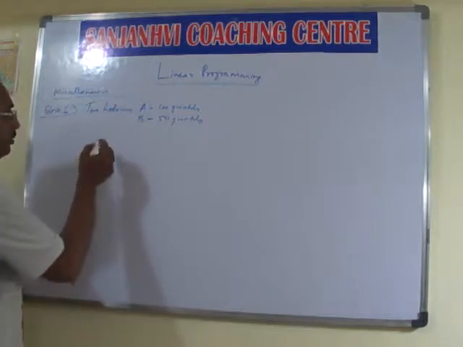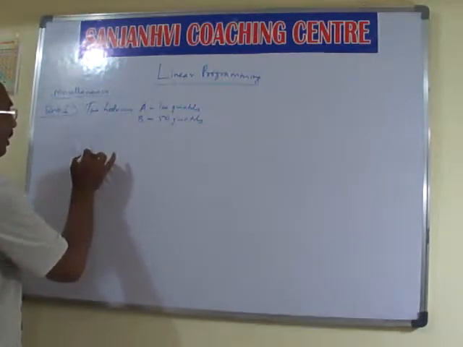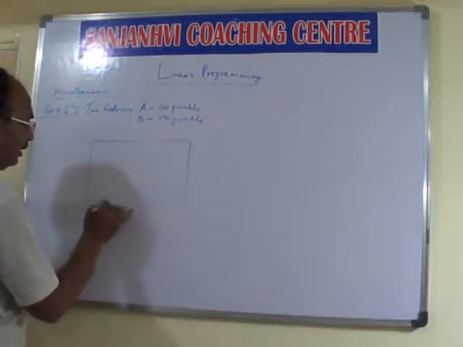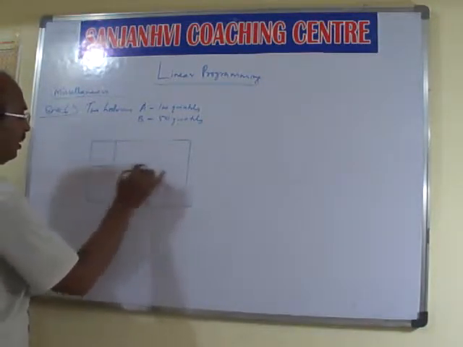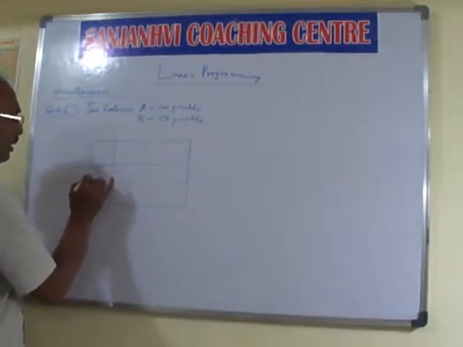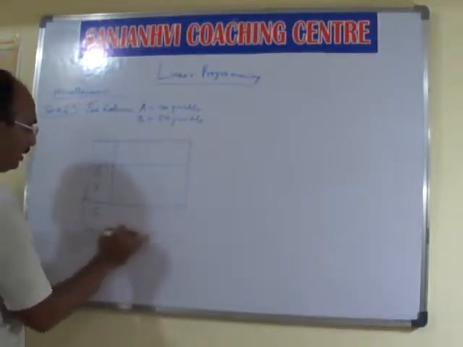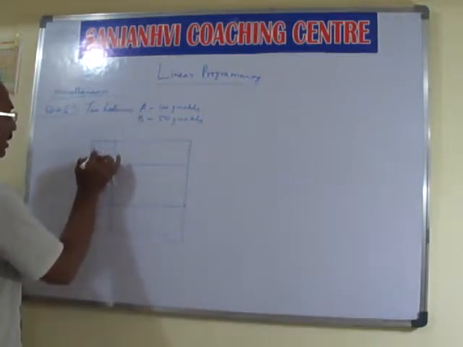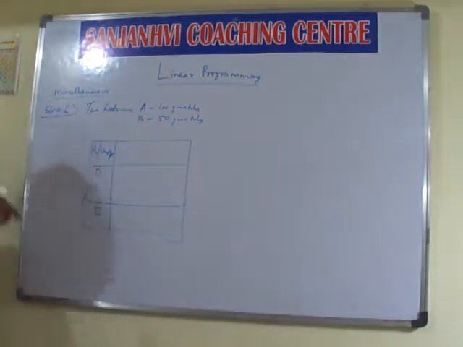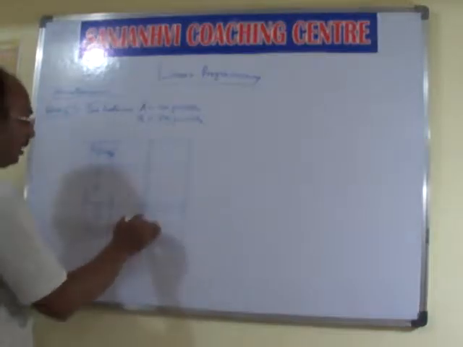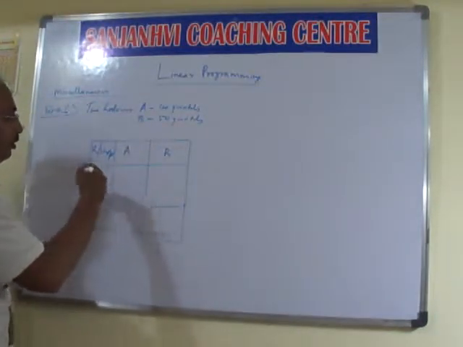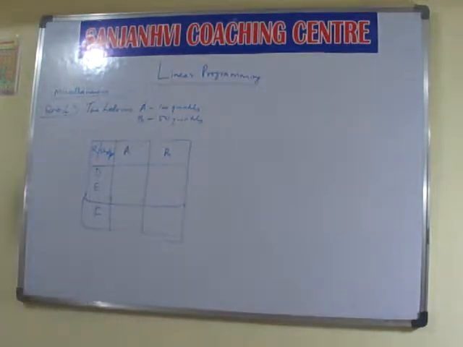We can prepare a table. They supply to D, E and F, the 3 ration shops, whose requirements are 60, 50 and 40 quintals respectively.